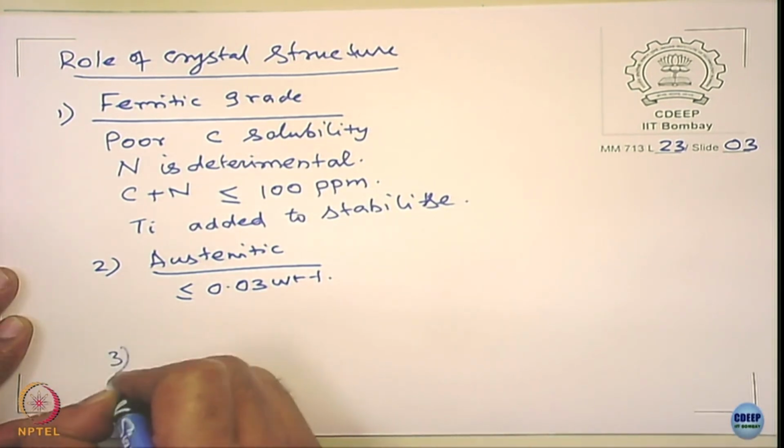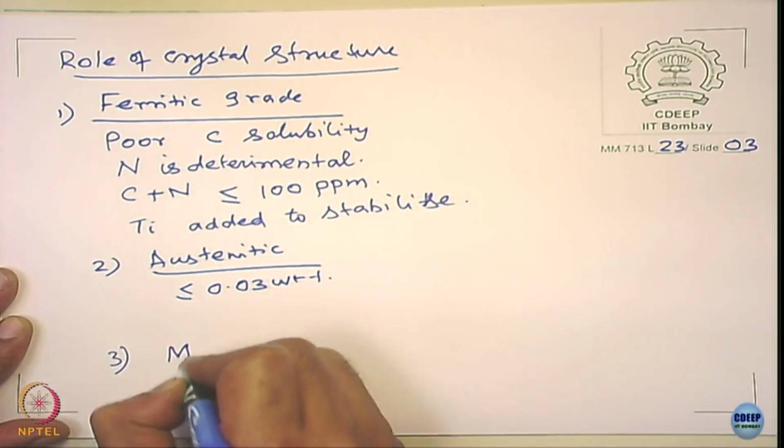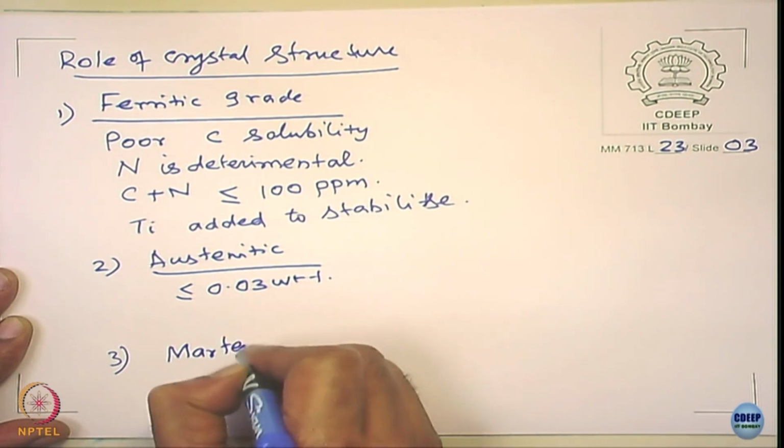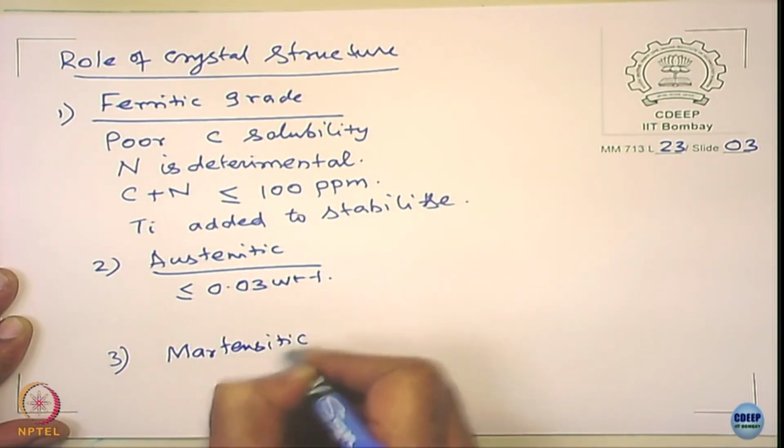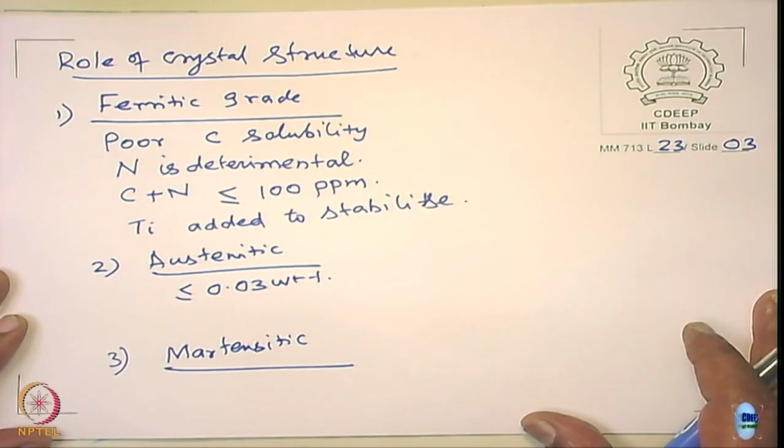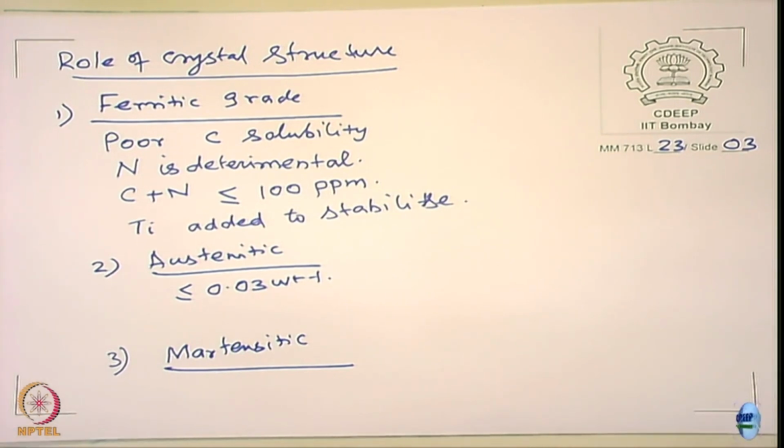Let us take the case of martensitic. Martensitic stainless steels are generally containing higher carbon content, right? Why need a higher carbon content? Yeah, it forms a martensite, and secondly that is what gives hardness also, right?